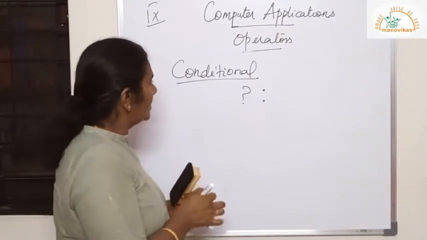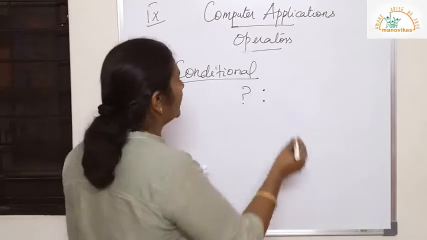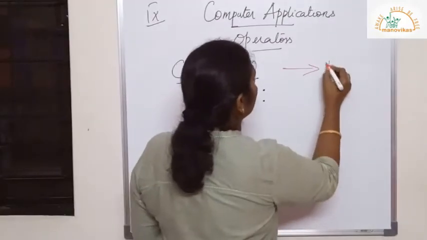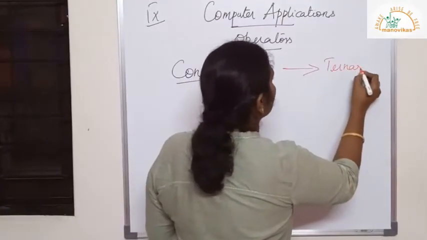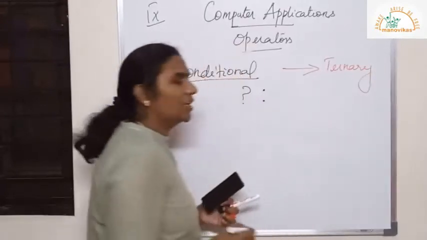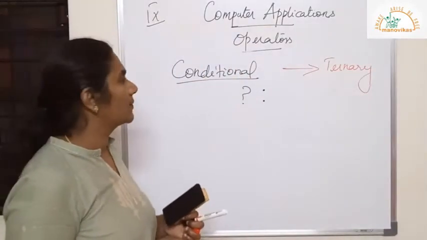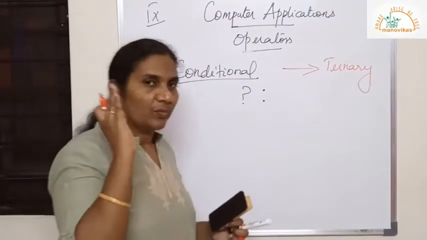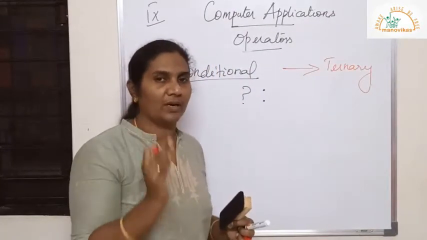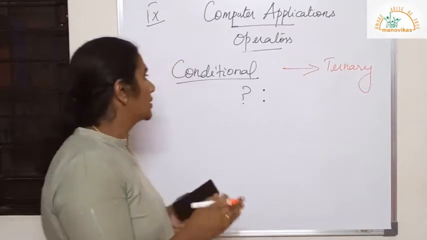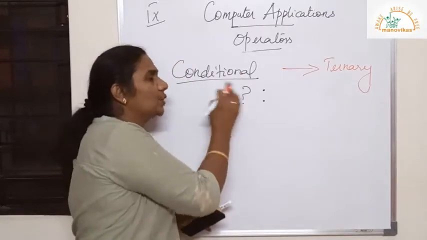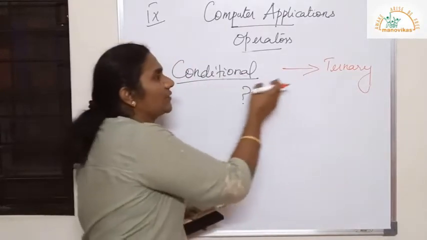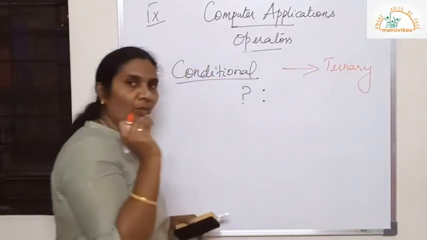Now this conditional operator belongs to the ternary form of operators. Ternary, I explained, requires 3 operands to perform a calculation. So since the conditional operator uses 3 operands, this is classified as ternary form of operator.